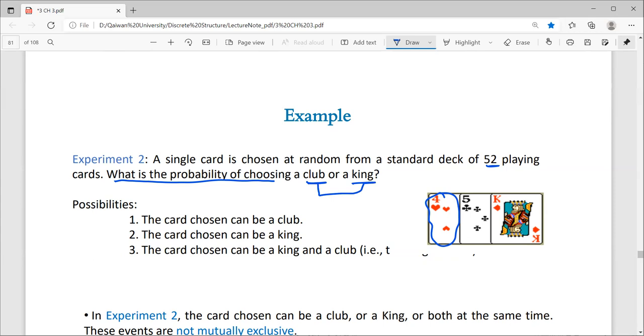In this case we apply this rule: probability of A or B equals probability of A plus probability of B minus probability of A intersection B. If there is something common between the events, we have two events, either a club or a king. The king could be a club, that means there is common between them. In this case we apply that rule.